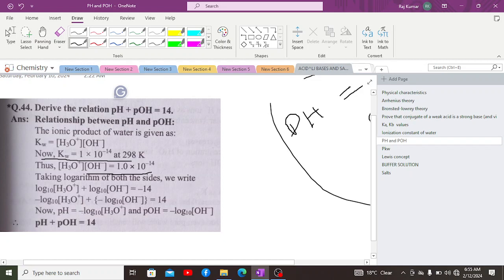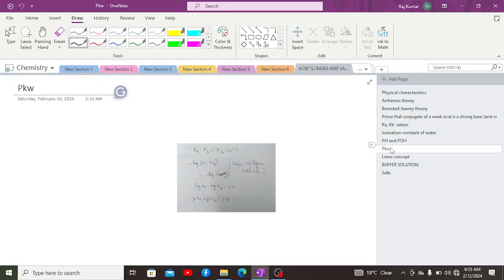Here minus log H3O is the pH, minus log OH is the pOH, the negative logarithm of OH ions, and 14 is a constant. So after replacement the equation becomes pH plus pOH is equal to 14.